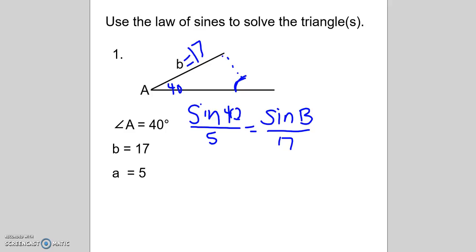So once you put that in your calculator, take a minute, type that out in your calculator and see what you get. Okay, so you actually will end up with an error on your calculator. You didn't do anything wrong, but that means that this triangle doesn't exist. You'll end up with some sort of error. It might say something like domain error.